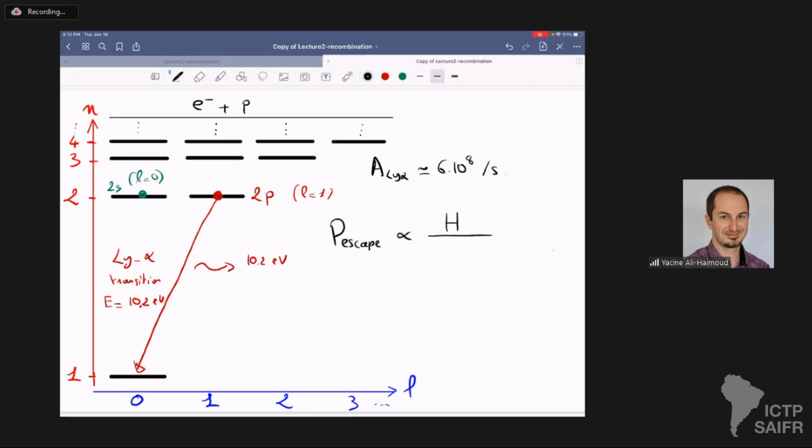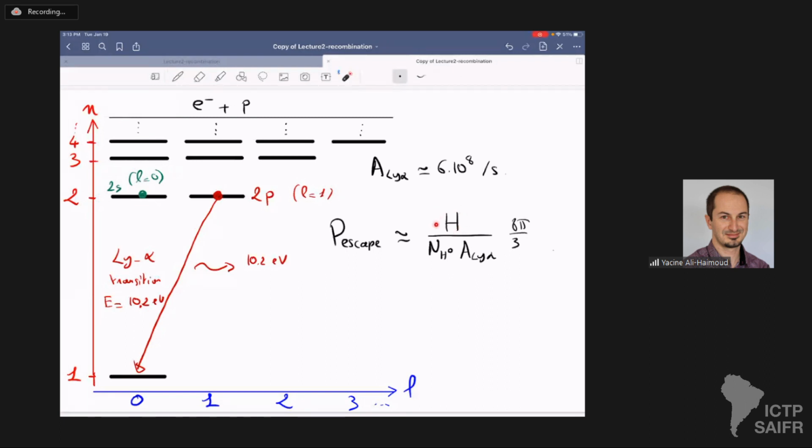This escape rate is going to be inversely proportional to the number density of neutral hydrogen atoms, because the more absorbers you have, the fewer photons can escape, and inversely proportional to the rate of the transition itself. And if you really want to make this a little bit more correct, there are some factors of pi, and you want to make this dimensionless.